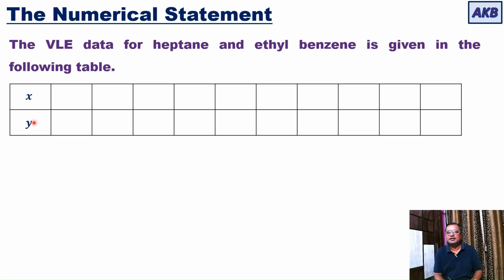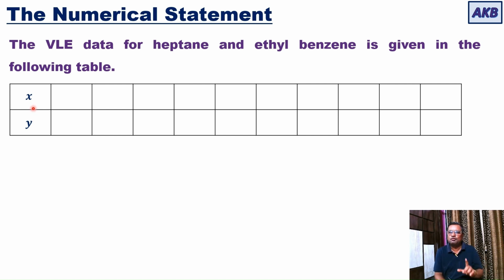So, if you have understood the statement, you must have noticed that we are supposed to get a top product that is containing 97% heptane. In the top product, the major component is heptane, and this is only possible when it is more volatile, compared to ethyl benzene, the other component.